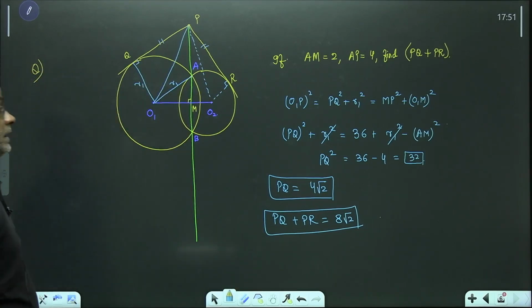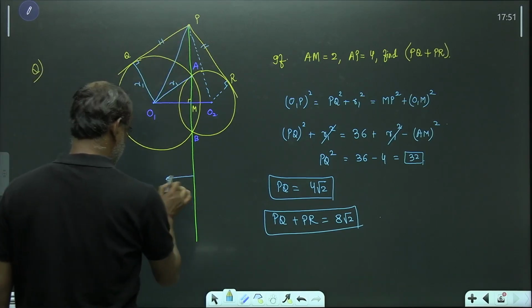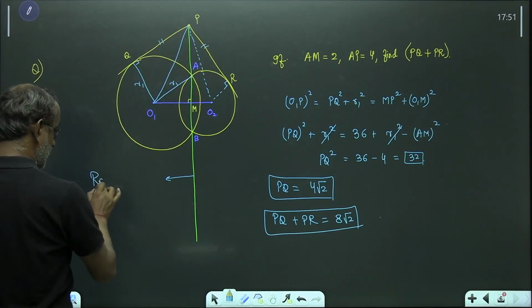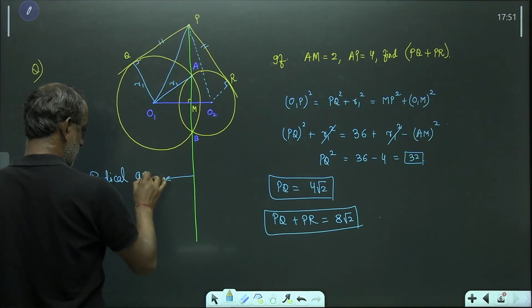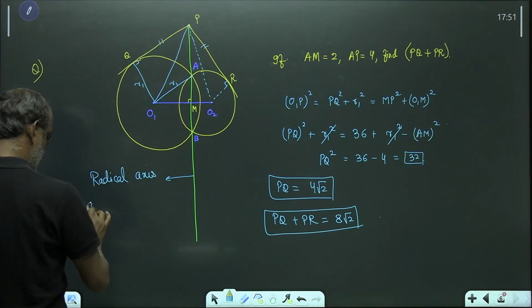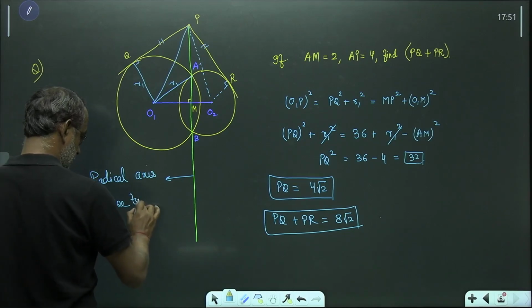So, this line, the common chord of the two circles, is called the radical axis of these two circles.